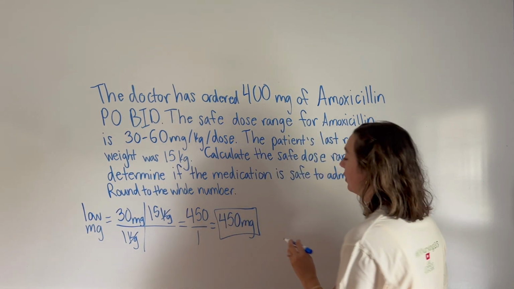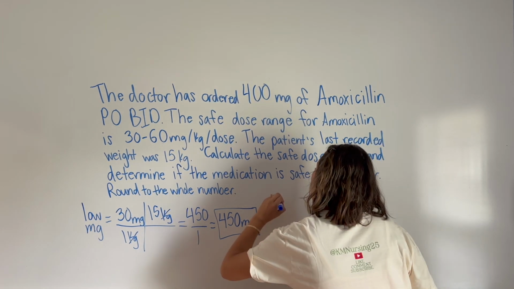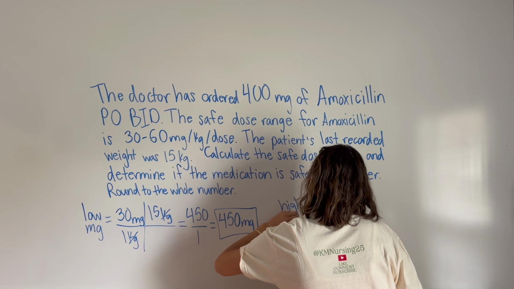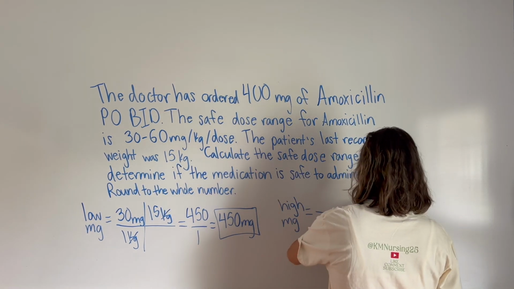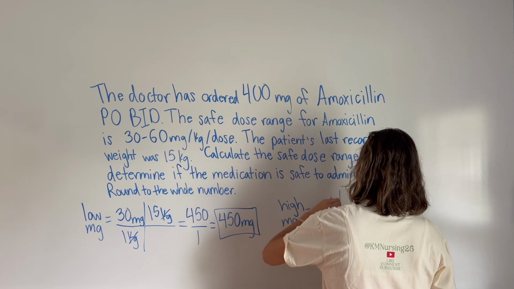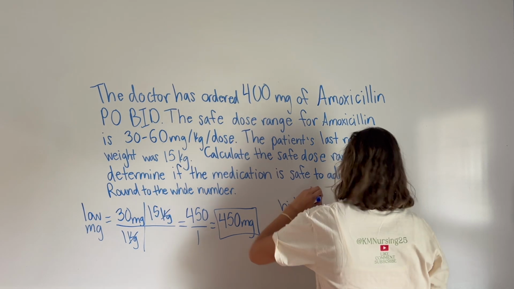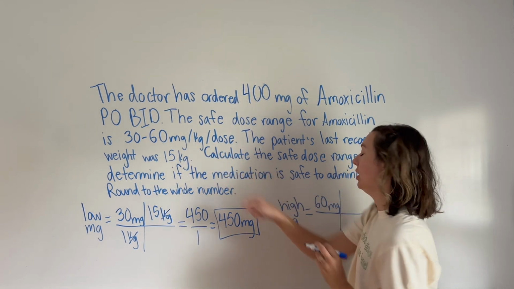Then when I'm solving for my high, I'm going to go kind of the same way. So we're going to write high milligrams. Looking at my problem for milligrams, because that's what I have to start off with. That's what I'm solving for. We're going to use my 60 because that's my high range. 60 milligrams. Its sister is still the same, that 1 kilogram.